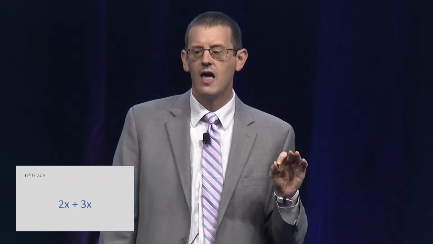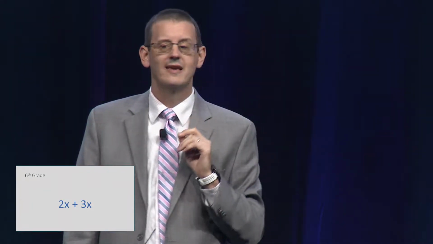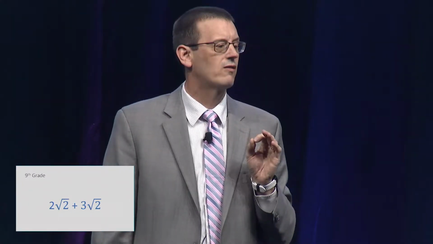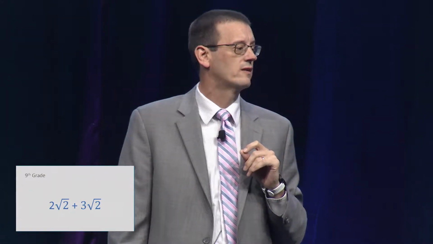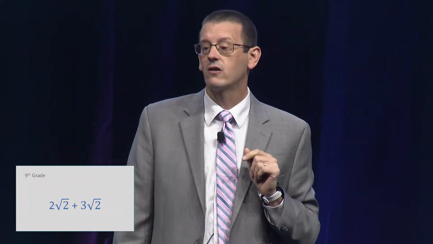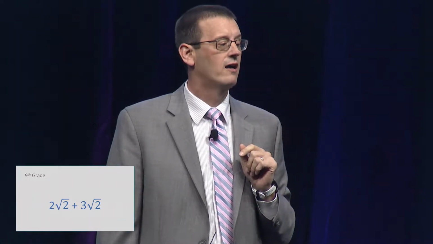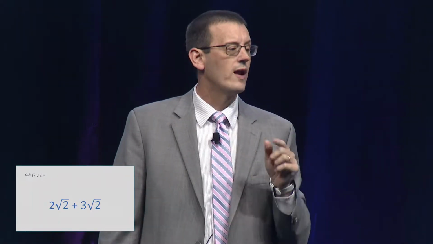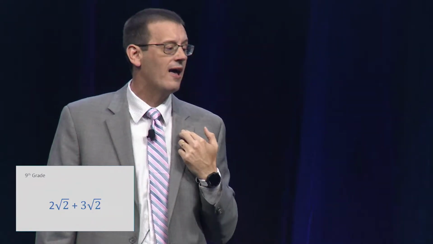While this is quite possibly the coolest of them all, I learned that you combine like terms. In 9th grade, I learned that 2 square roots of 2 plus 3 square roots of 2 equals 5 square roots of 2. Here I learned that when adding radicals, you can only add radicals if they have the same number underneath the house. So when I closed my eyes, I was picturing a radical sign.